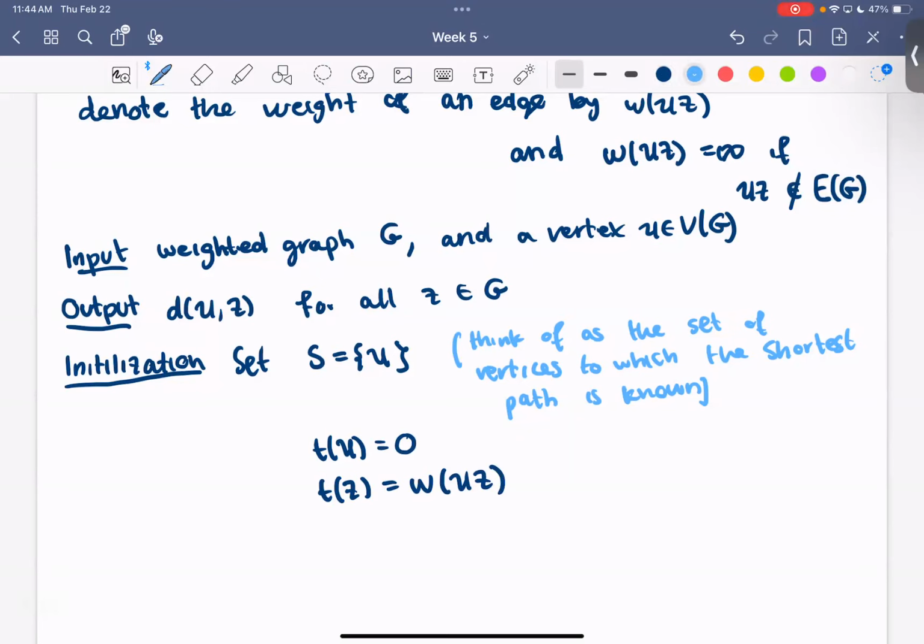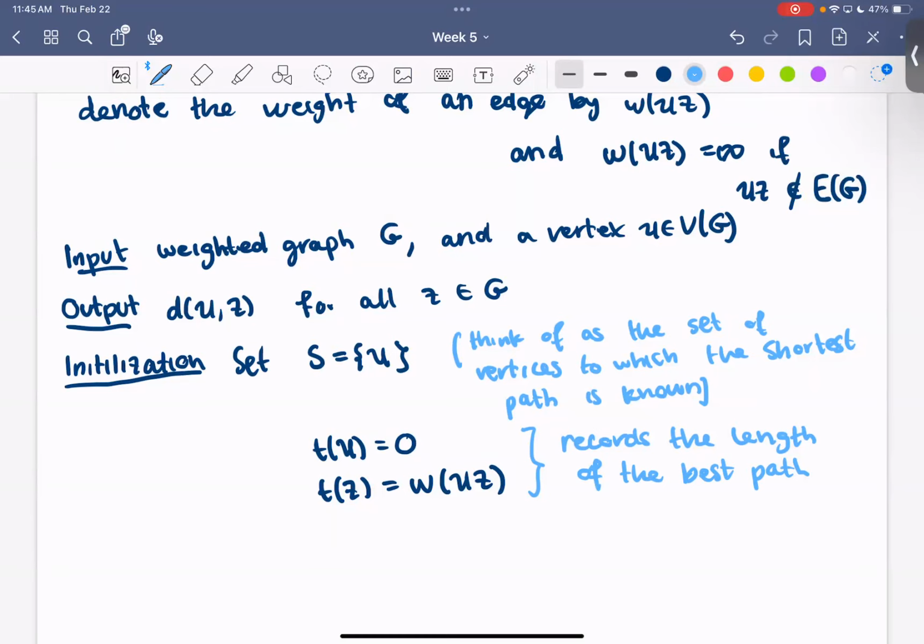So what are we thinking of this as? This records the length of the best path that we know at this moment. What is T here? Okay, so this is some function that we're going to update as we go along.